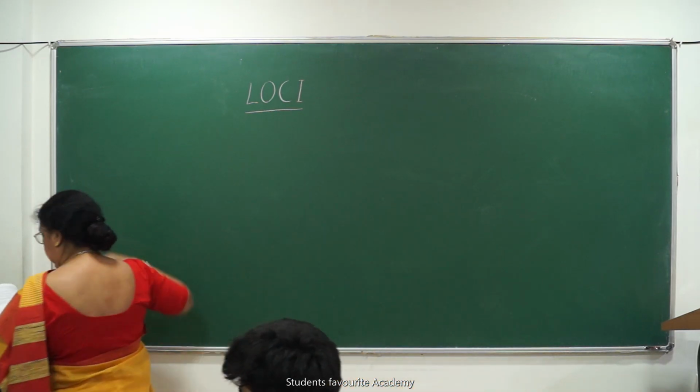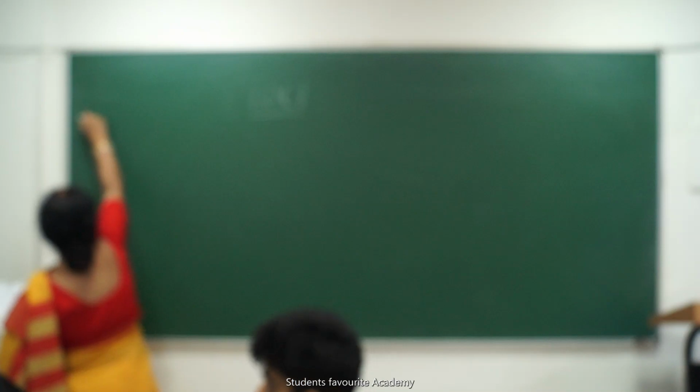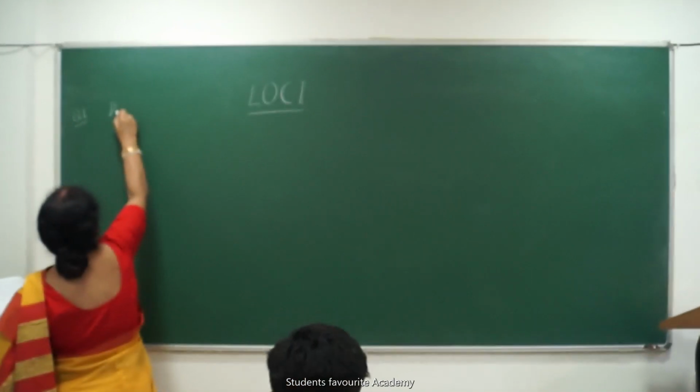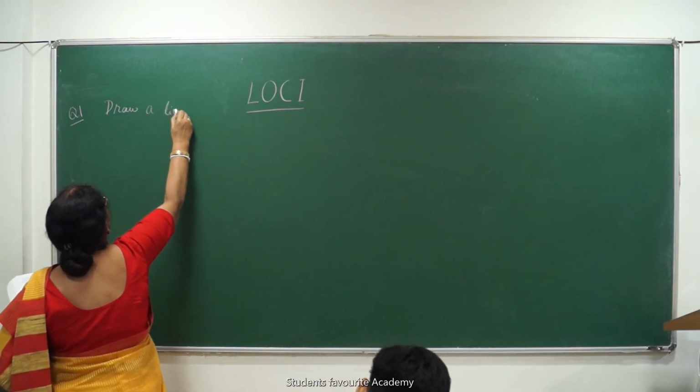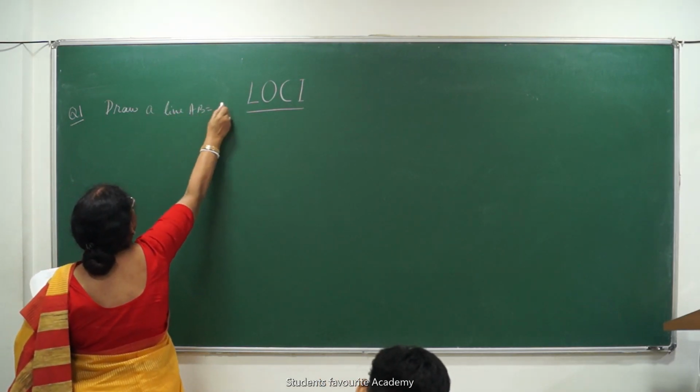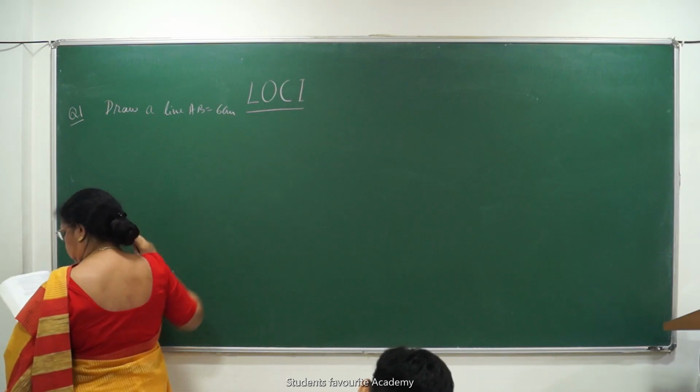Draw a line AB is equal to 6 centimeter. Write down the question also, otherwise you will not follow. Draw a line AB is equal to 6 centimeter.